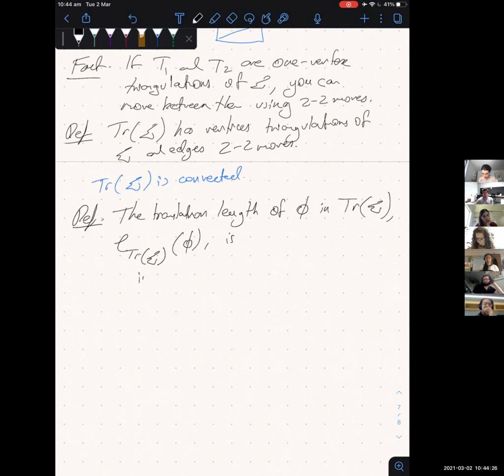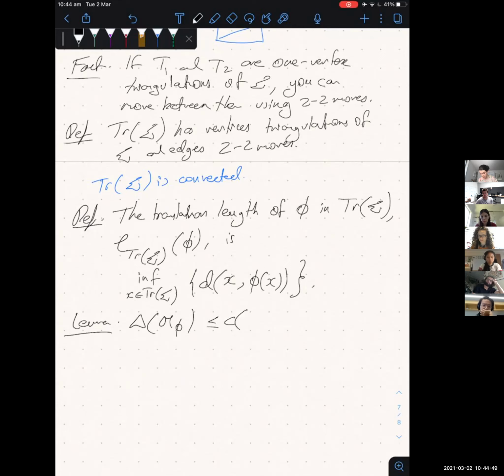Okay, so that's this quantity. Great. And my claim is that the triangulation complexity of my mapping torus is at most some constant that depends only on the surface, not on the map, plus this translation length.